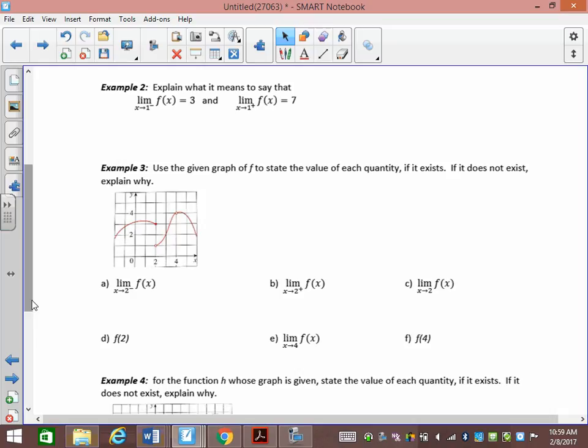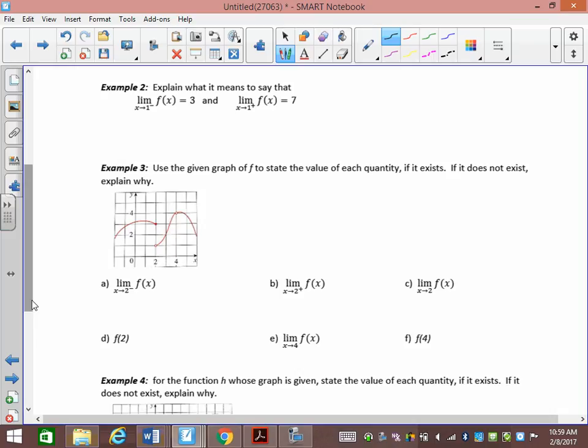Yes. So as we're approaching the value of 1 from the left, my graph is approaching 3. Okay? This one means as I'm approaching my 1 from the right, my graph is approaching 7.